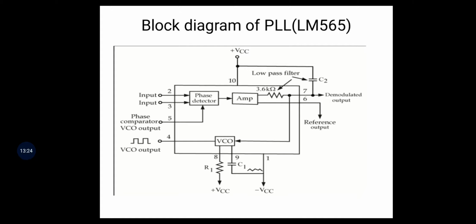The PLL IC number is 565. The IC 565 PLL consists of a phase detector, amplifier, low pass filter, and voltage controlled oscillator.